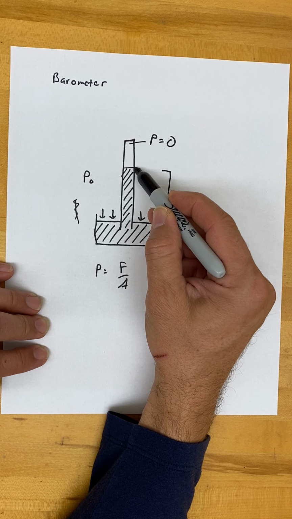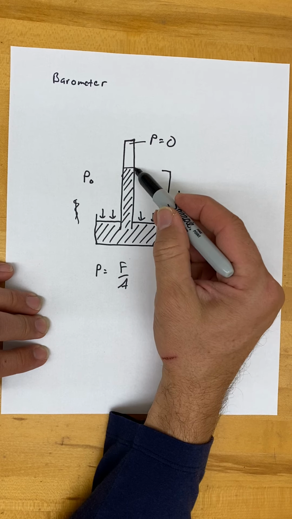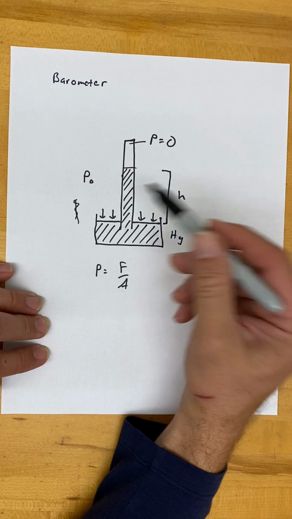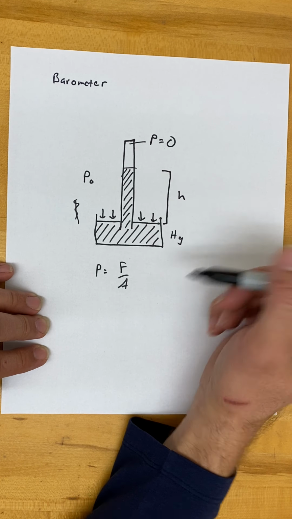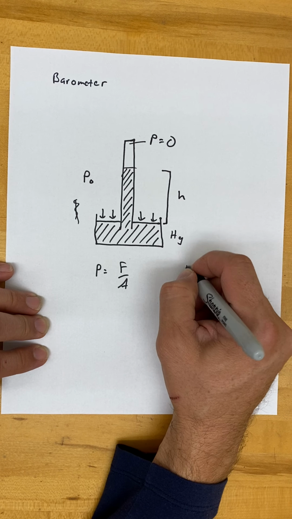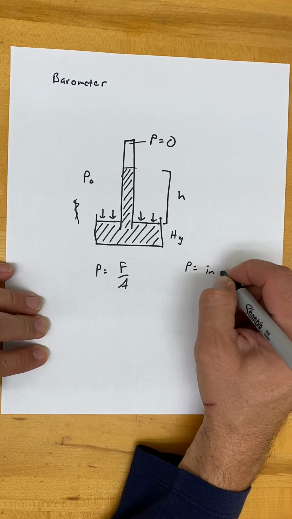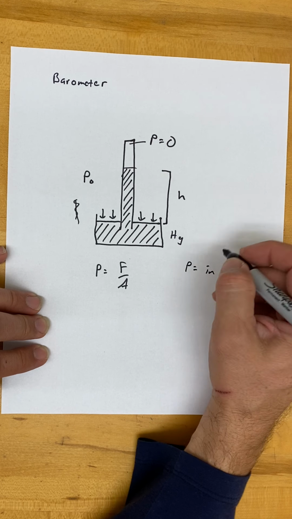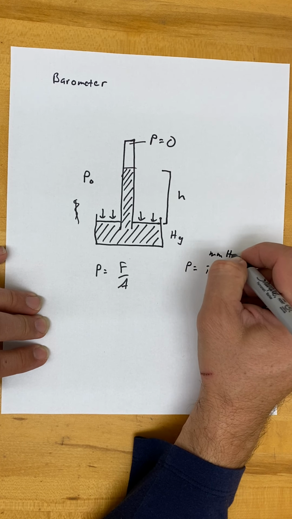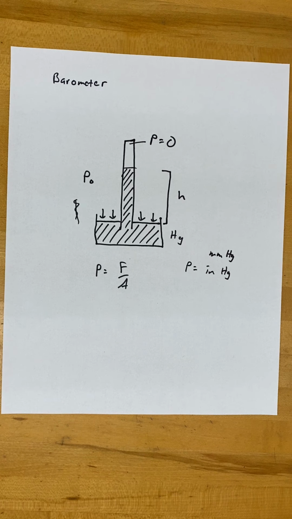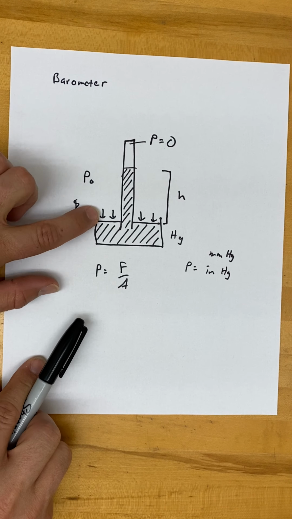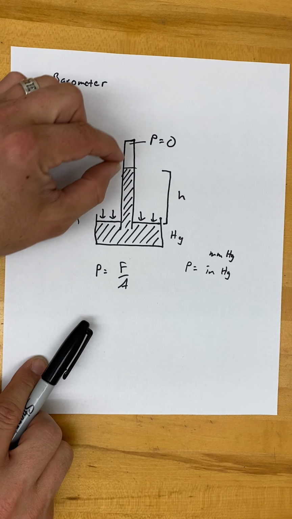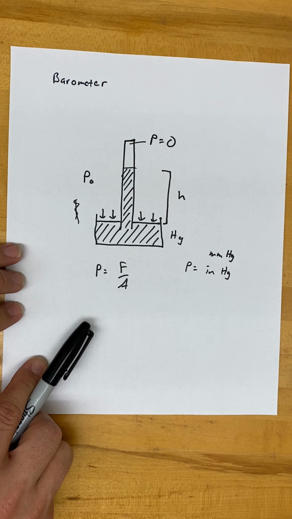And if I know my baseline, and I know how much it falls, I can then calculate the new pressure. In point of fact, we usually just give you the pressure in inches of mercury, or in millimeters of mercury. If the pressure increases, of course, that means these forces get bigger and the column rises a little bit.